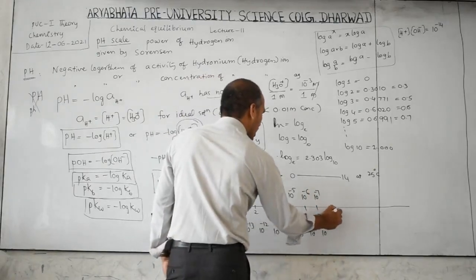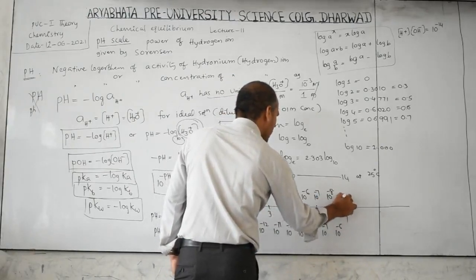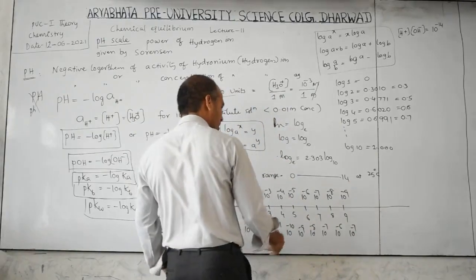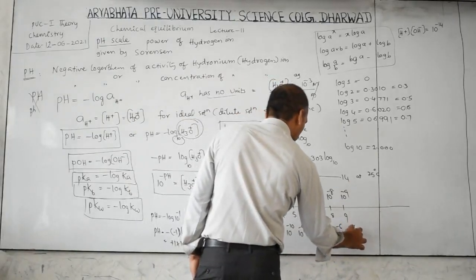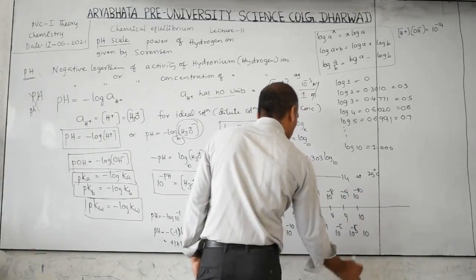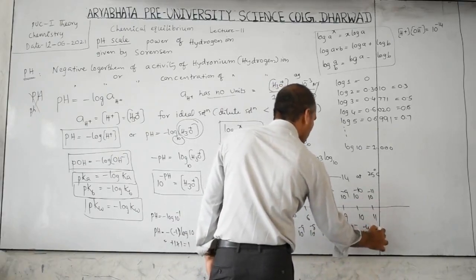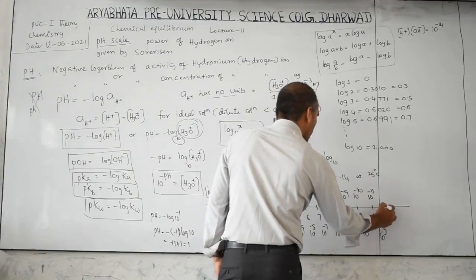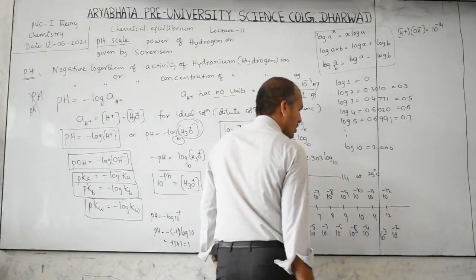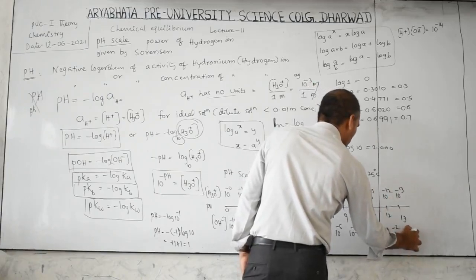Next pH 8, 10 power minus 8 and 10 power minus 6. pH 9, 10 power minus 9 and 10 power minus 5. pH 10, 10 power minus 10 and 10 power minus 4. pH 11, 10 power minus 11 and 10 power minus 3. pH 12, 10 power minus 12 and 10 power minus 2. pH 13, 10 power minus 13 and 10 power minus 1.